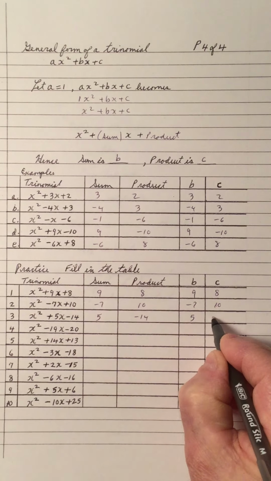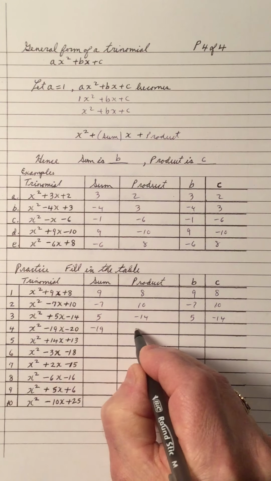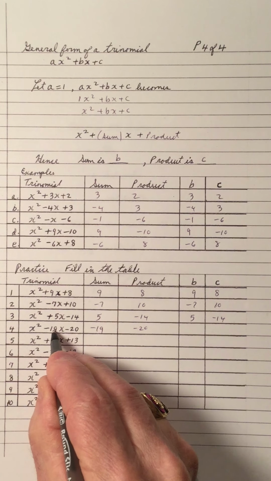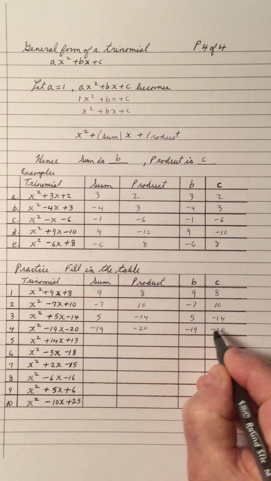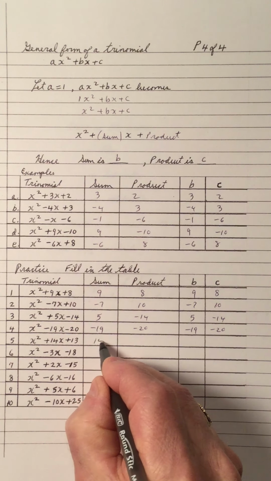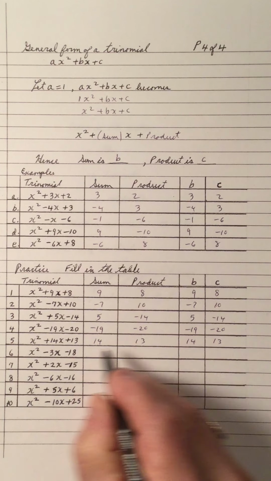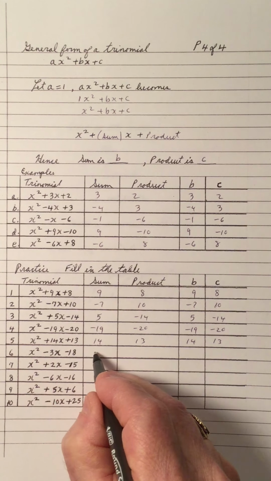Negative 19, negative 20. That's the sum, that's the product, that's the B, and that's the C. And we have a 14 and a 13. Again, that's the sum, that's the product, that's the B, and that's the C.